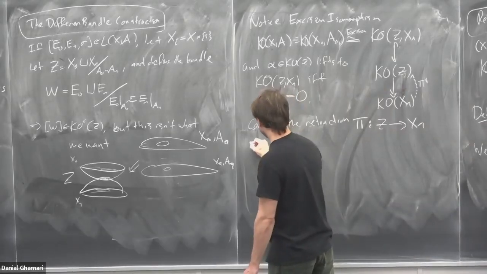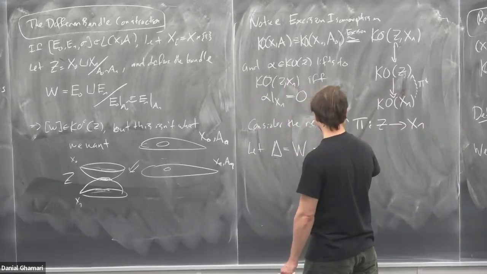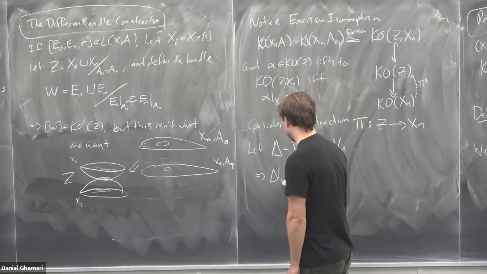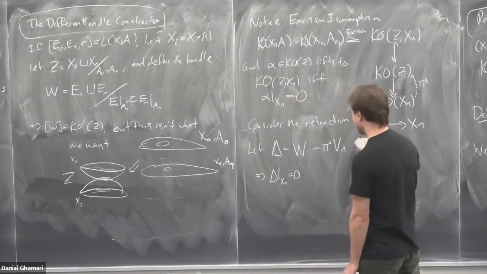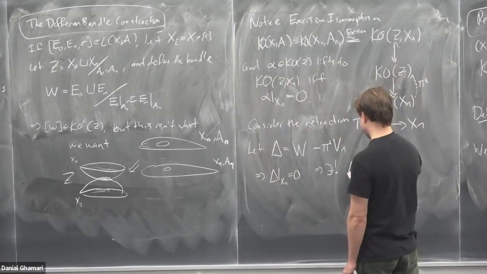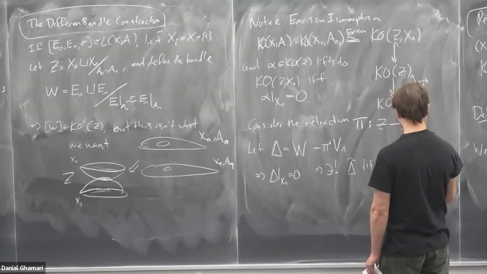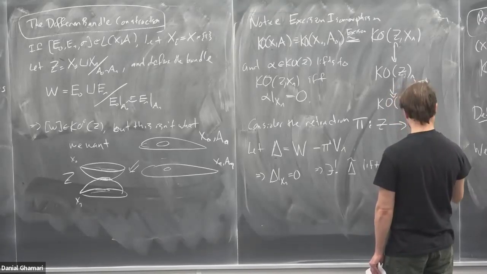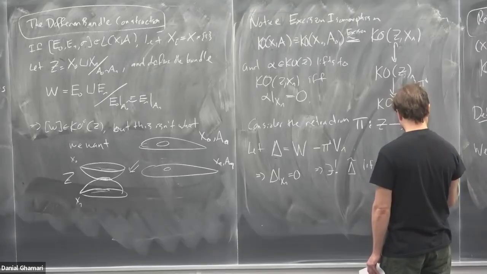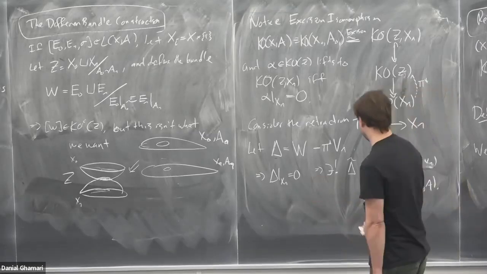And then let delta be W minus the pullback of V1. Then you can just check computationally that delta restricted to X1 is 0 in K theory. So there's a lift, a unique lift, because this is injective. So KO of Z comma X1 is isomorphic to KO of X comma A. So this is our isomorphism.